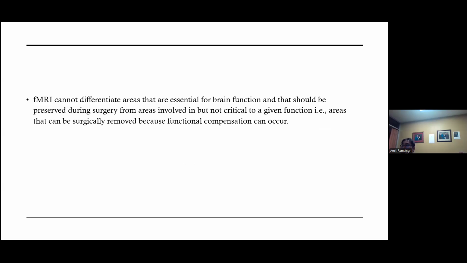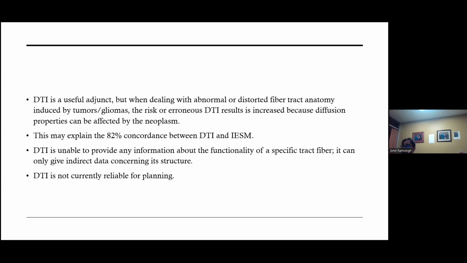So these are areas that can be surgically removed because functional compensation can occur, and fMRI cannot give us this information. Diffusion tensor imaging is a useful adjunct, but when dealing with abnormal or often distorted fiber tract anatomy by tumors or gliomas, there's a risk of error because of the diffusion properties affected by the tumor.